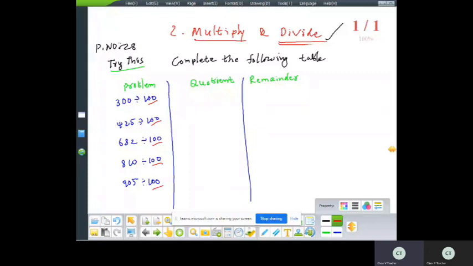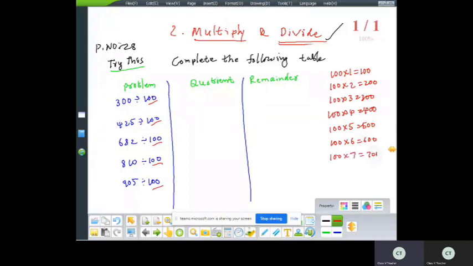Try the table of 100. 100 ones are 100. 100 twos are 200. 100 threes are 300. 100 fours are 400. 100 fives are 500. 100 sixes are 600. 100 sevens are 700. 100 eights are 800. 100 nines are 900. 100 tens are 1000.